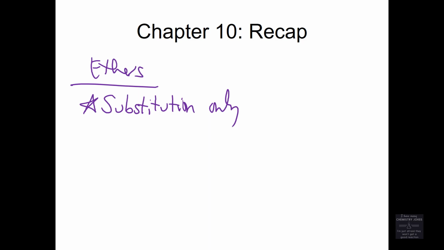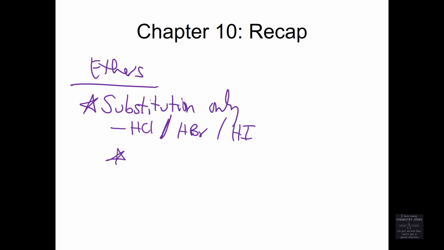The only types of reagents that ethers react with are things like HCl, HBr, and HI. They're often heated at the same time as well, but that's the only thing they react with. They don't react with H2SO4 or anything of the like. Only alkyl halides. Only acid halides like those.